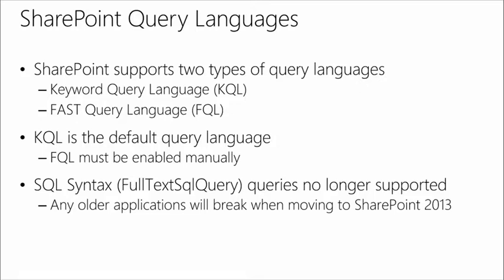The big thing to keep in mind about FQL is that it is disabled. You will need to go in and enable that. And I would also mention that the out-of-the-box search box, the one that Microsoft provides, does not support FQL. You actually have to do that programmatically or through PowerShell, of course, as there isn't an out-of-the-box UI that will allow you to do FQL.